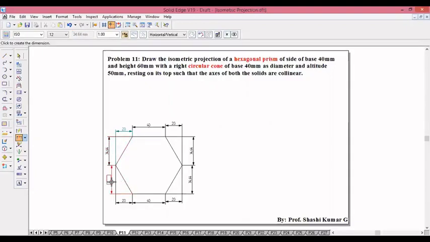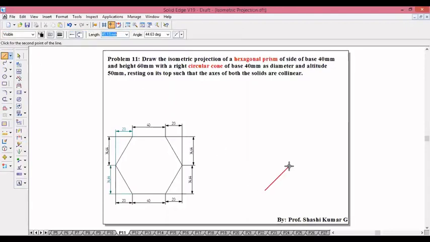So once you get these dimensions for the hexagon, start drawing it on the 30 degree line. Let me take this 20, 40, 20 dimension on the 30 degree line. So 20 at 30 degrees, 40 at 30 degrees, 20 at 30 degrees. Then the next dimension is 34.64 at 150 degrees. The 20, 40, 20 will come on the minus 150 degree line.